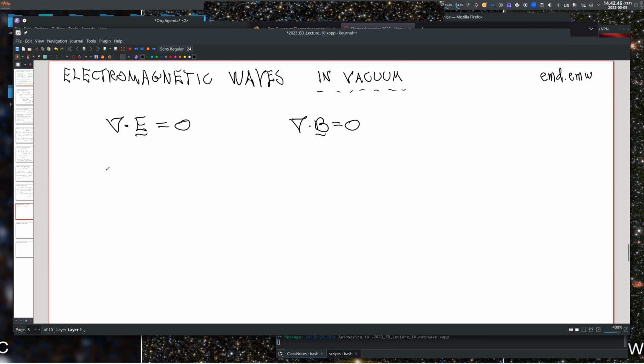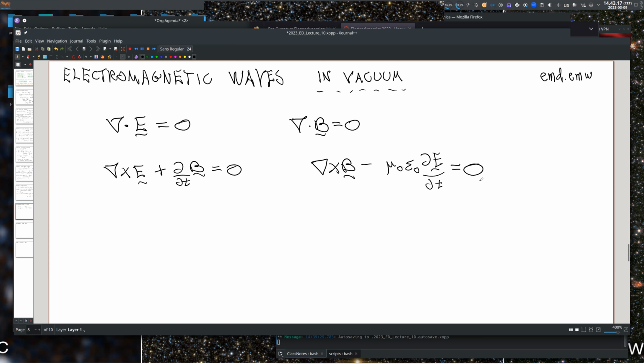Then we can write it this way: the curl of E, I'm now going to put the term on the other side, derivative with respect to time of B, that combination is equal to 0. And once again, Ampere Maxwell, I can rewrite as the curl of B, and now minus mu 0 epsilon 0 dE dt is equal to 0. So these are our 4 Maxwell equations in vacuum.